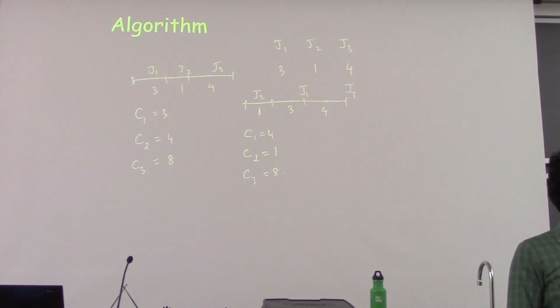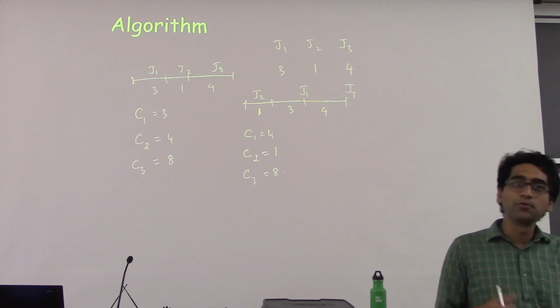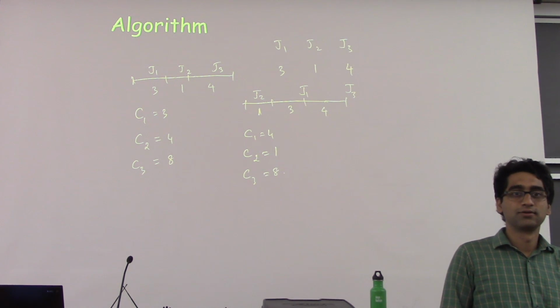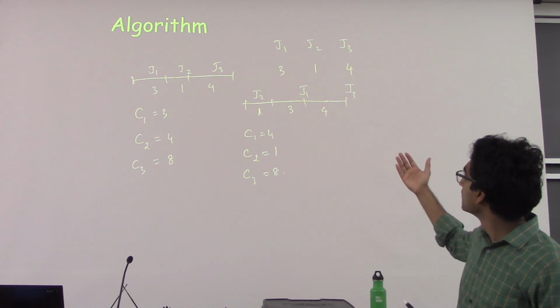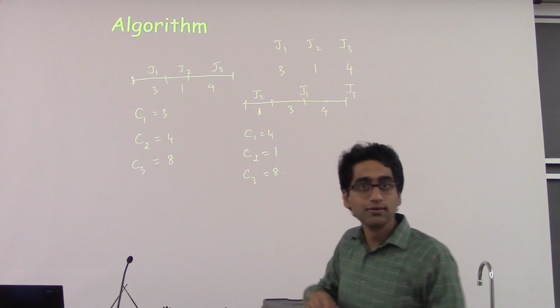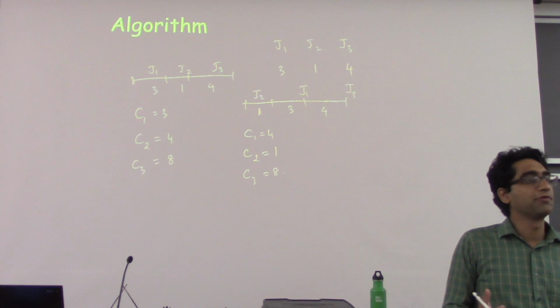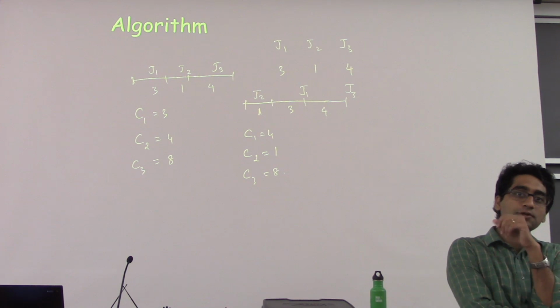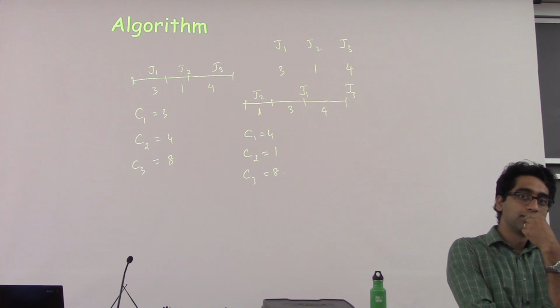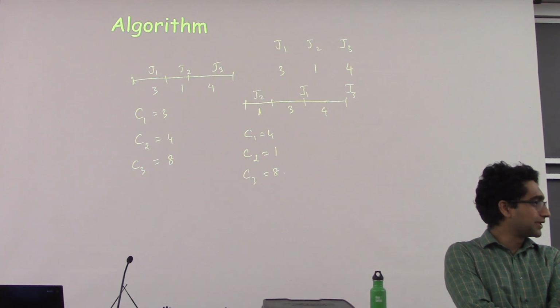So does it give you a hint? Suppose I ask you which jobs you want to do first. Any ideas? What would this objective function prefer? If you want to minimize this objective function, what jobs would you do first? You do the short jobs first, right?